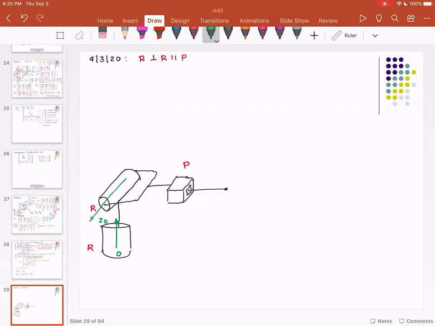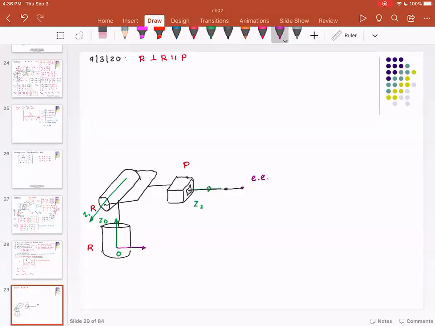Then I have z1. And since this is a prismatic joint, I'm going to have my z2 here. Just for the sake of simplicity, I'm going to call this point the end effector, and I will assign a coordinate system to the end effector, which is similar to the coordinate system on the prismatic joint.